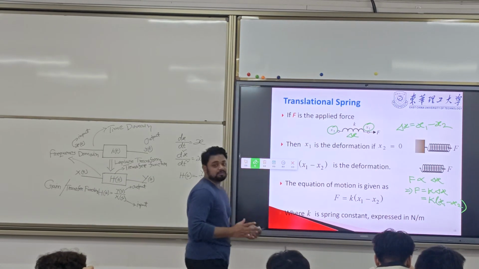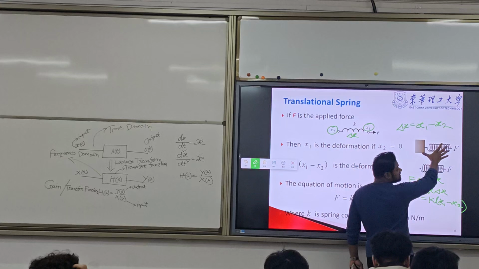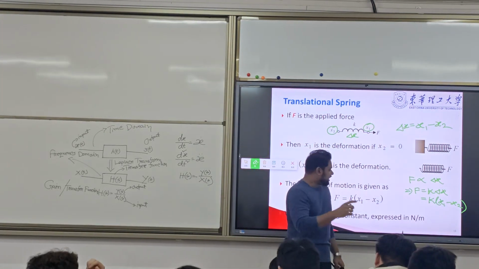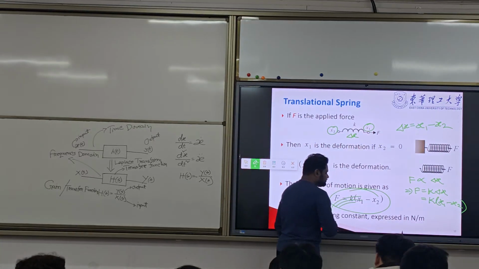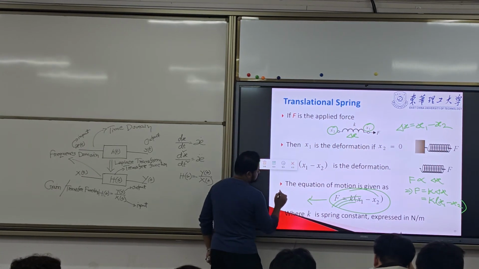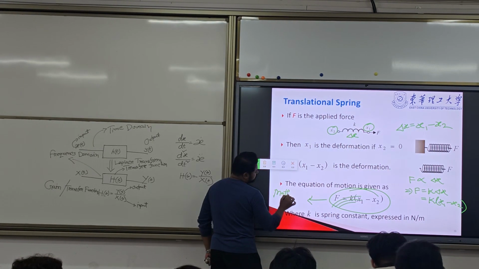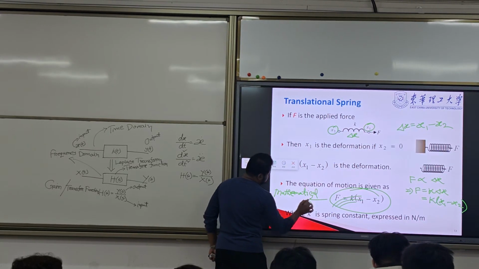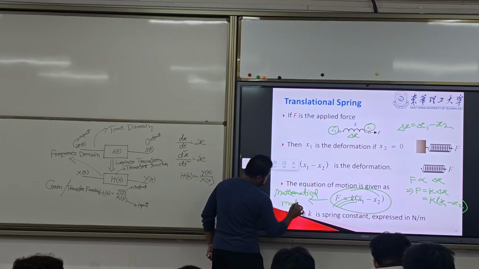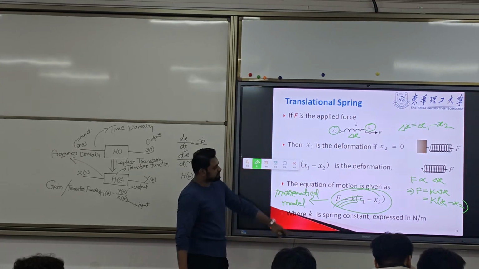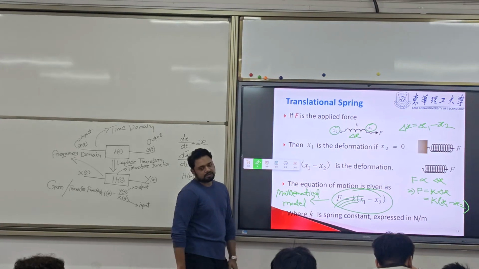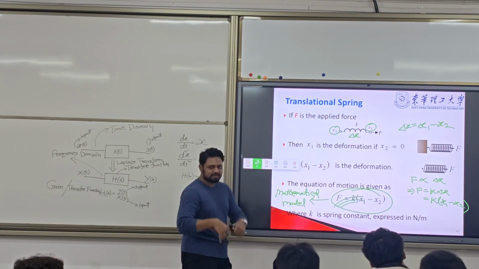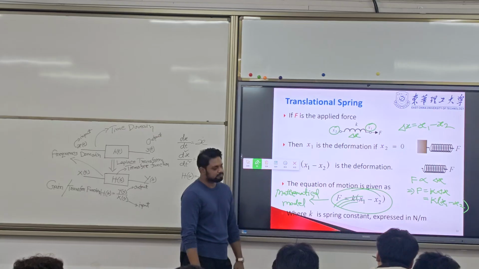So you can see this is a small mechanical system, and this is your mathematical model. Any system you can convert into a mathematical model, a mathematical equation.